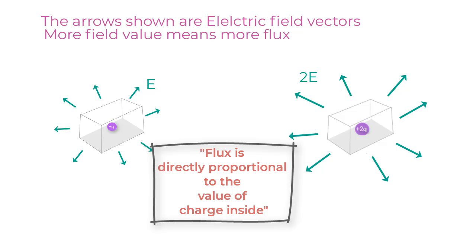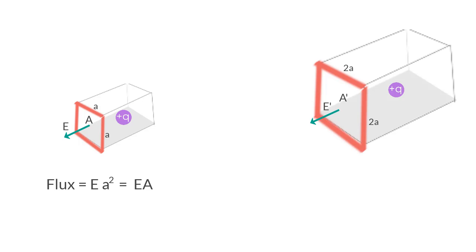So now if you go ahead and say that the value of flux through this side of the box is the product of the average E value through the face multiplied by the area of the face, then we could say flux is E times A squared, where A squared is the area of this face. Now let us double the size of the box so that each dimension also doubles.